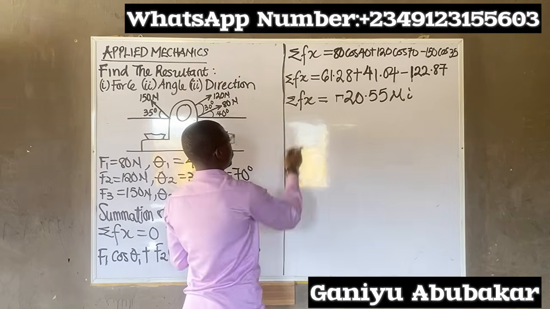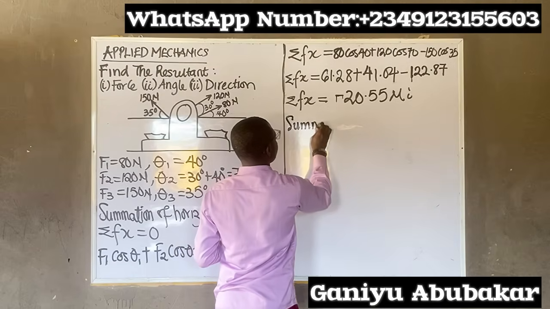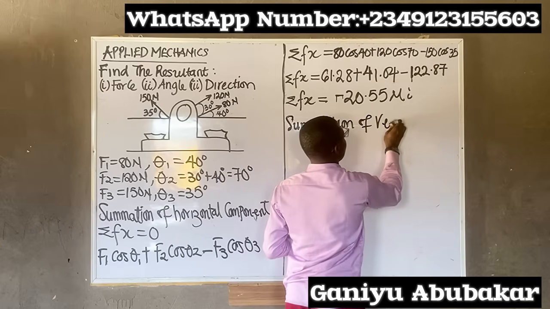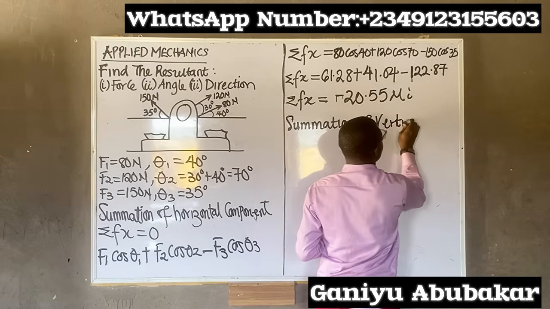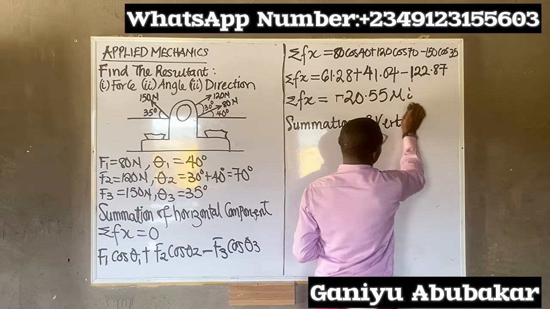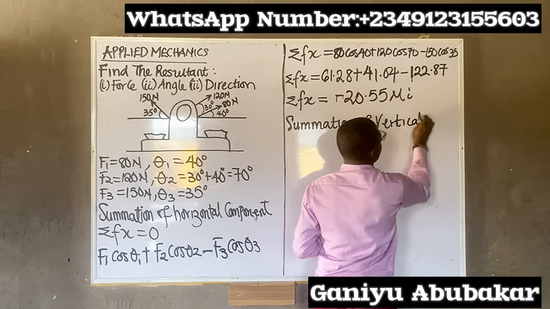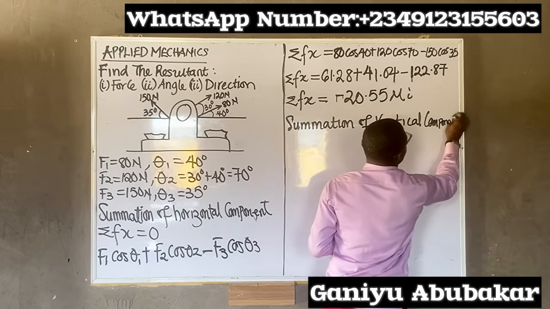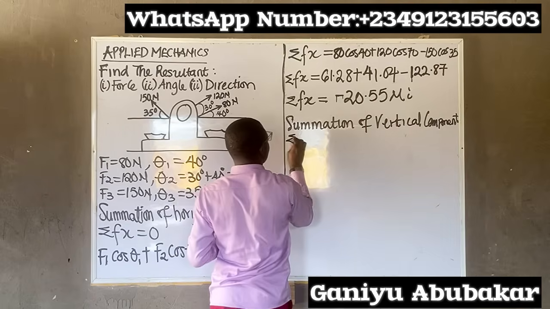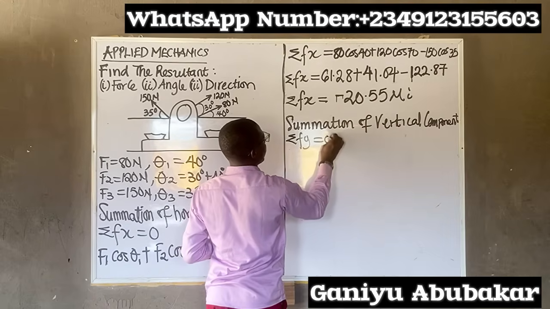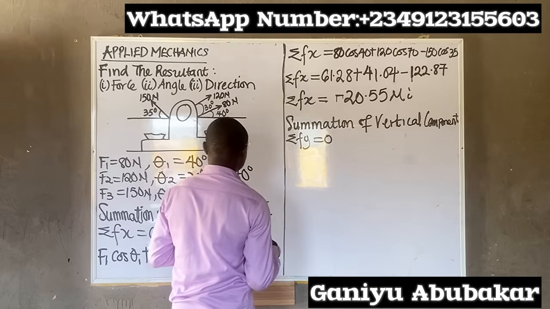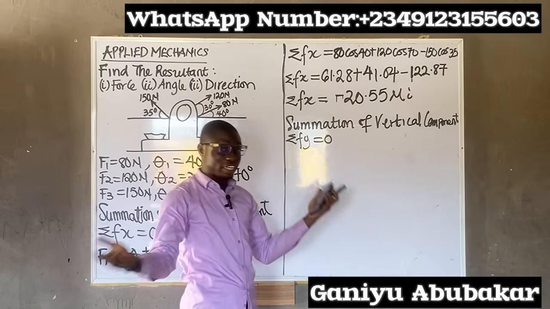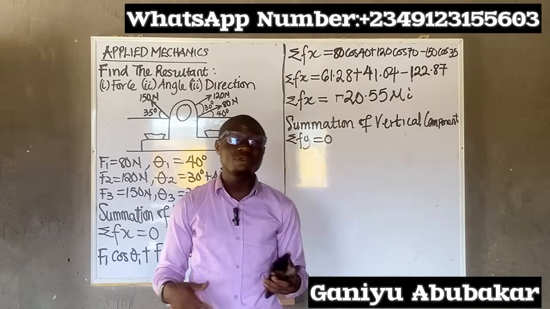Second condition, summation of vertical components. For this one, summation F of y equals 0. What do we know? If I resolve F1, F2, F3 to the vertical, it gives me sine. We know that already, and everything will be positive.